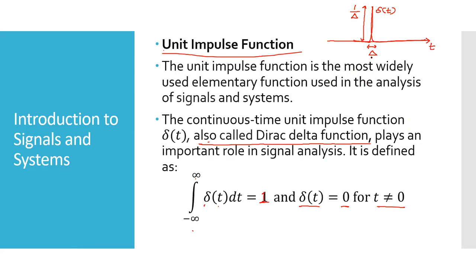It means that if the width is very, very small, then the height of the impulse is very, very large. Okay? It is very, very high. If delta approaches 0, then 1 upon delta may approach infinity.